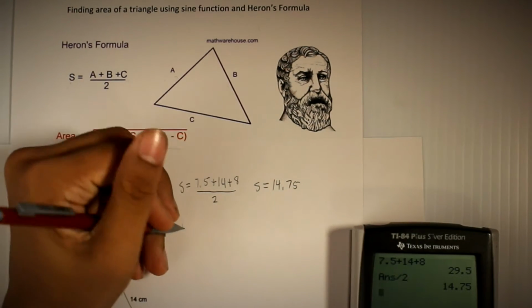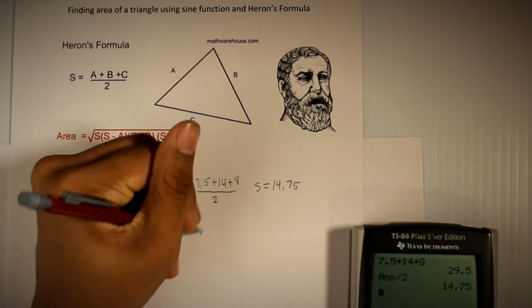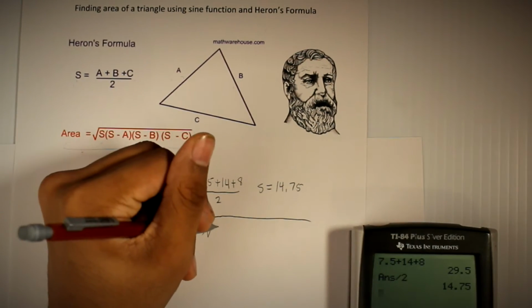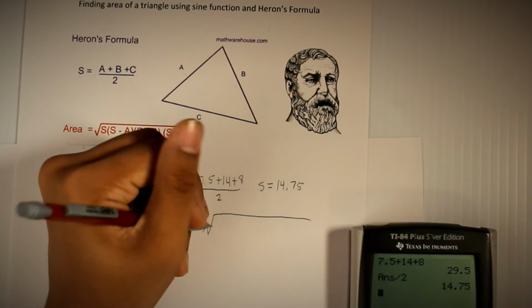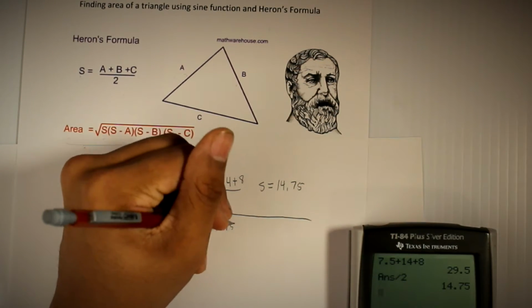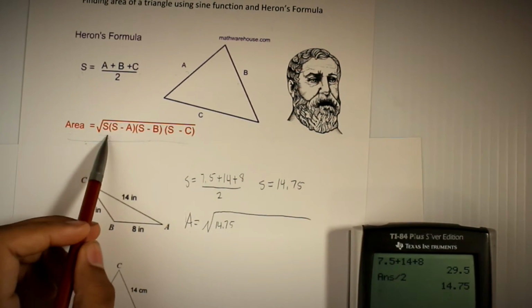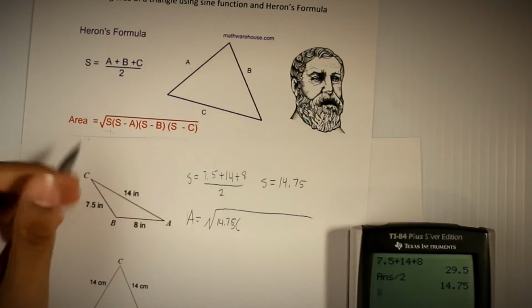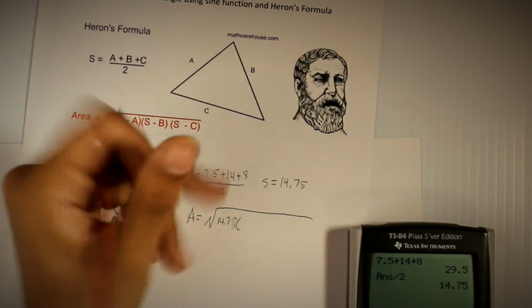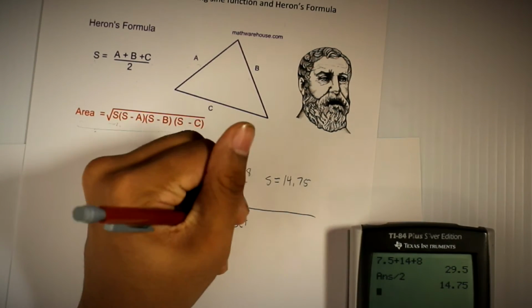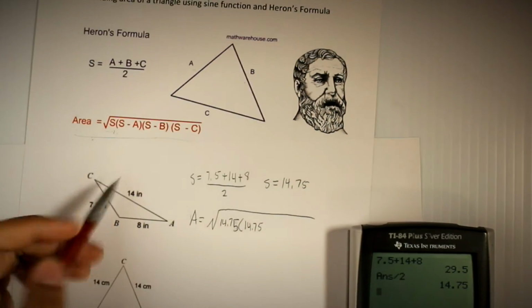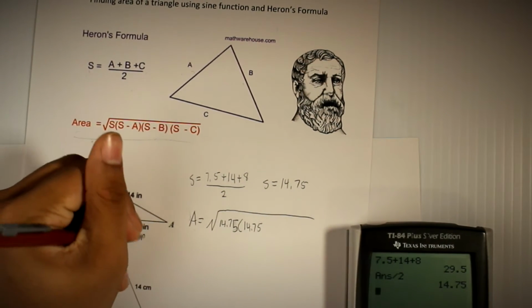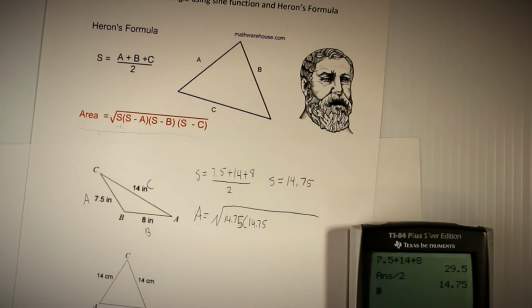So area would equal the square root of S, which is 14.75, times 14.75 minus A, and we can label this A, B, and C if we wanted to.